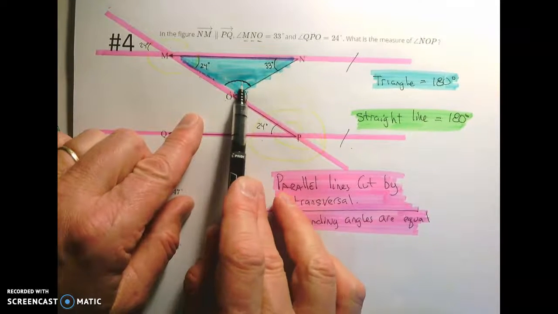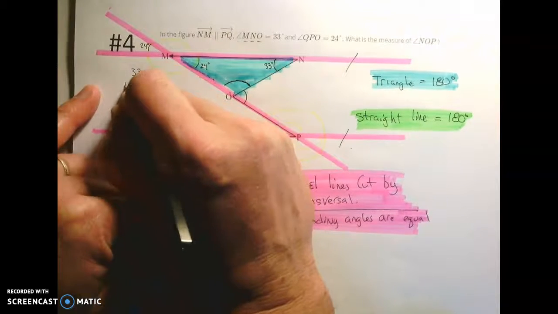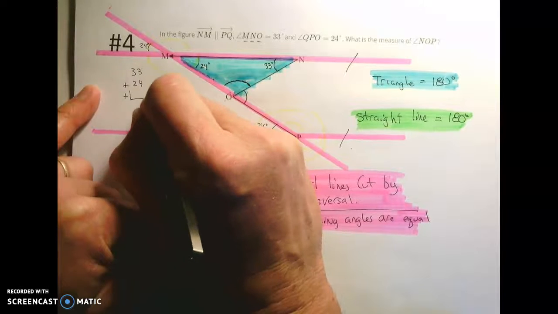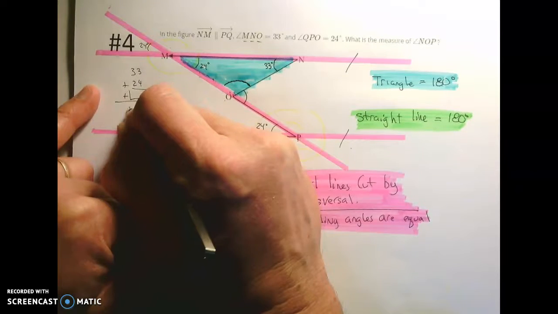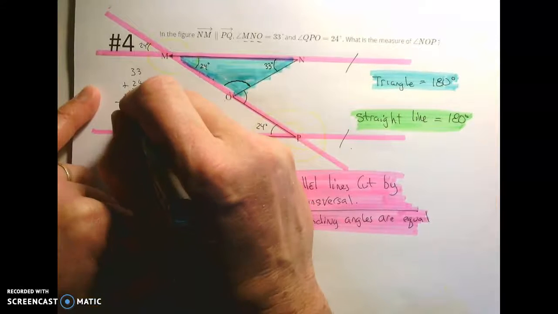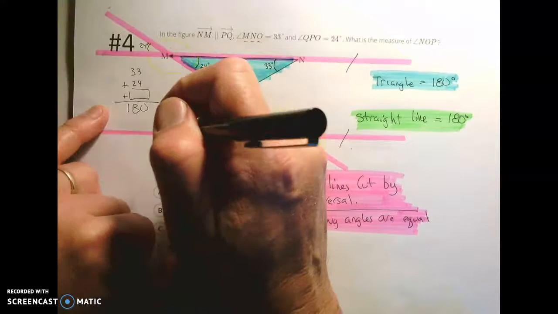But let's do this one first. So that 33 plus 24 plus something, that's the angle we're looking for, is going to add up to 180 degrees. Why? Because it's a triangle, and all triangles add up to 180.